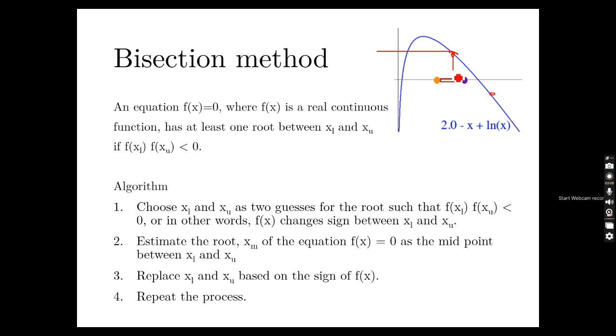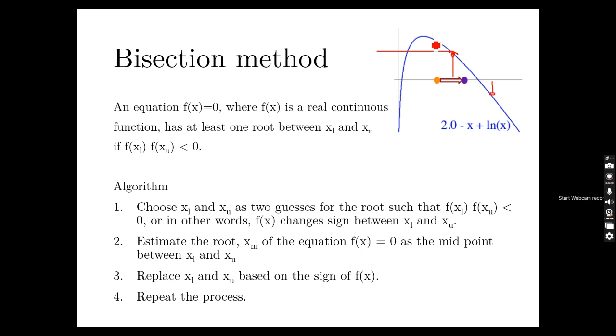Now if I evaluate the function at these points, I have two function evaluations, fl and fu. Since there is a root between these 2 points, the function value crosses 0 between them. So if I take the multiplication of f(xl) and f(xu), one is positive and the other is negative, so the product of those two numbers would be a negative number.